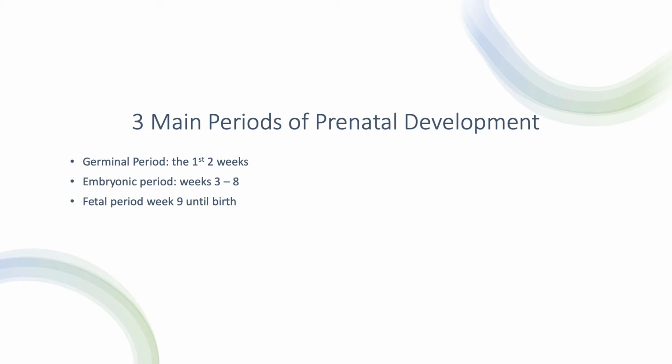From the third week on, we refer to it as the embryonic period, and this is an exciting period of development. Things are happening every single day that's helping to develop this new life. At about 14 days in, there's something that's called a primitive streak.